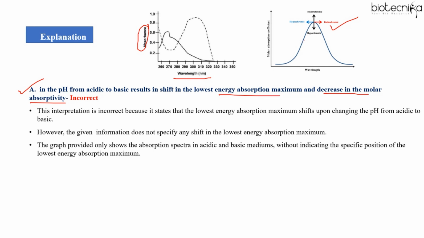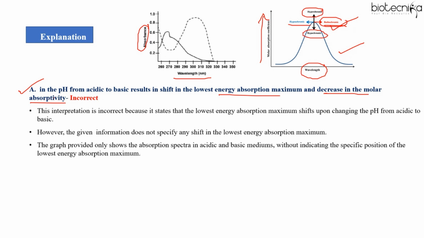If there is an increase in wavelength, maybe if any auxochrome is attached, that results in change in the intensity of absorption of light. So whether it is hypsochromic, that is decrease in wavelength, we call it blue shift, or longer wavelength, we call it red shift, or if there is increase in molar absorptivity coefficient, we call it hyperchromic, or if it results in decrease, we call it hypochromic.